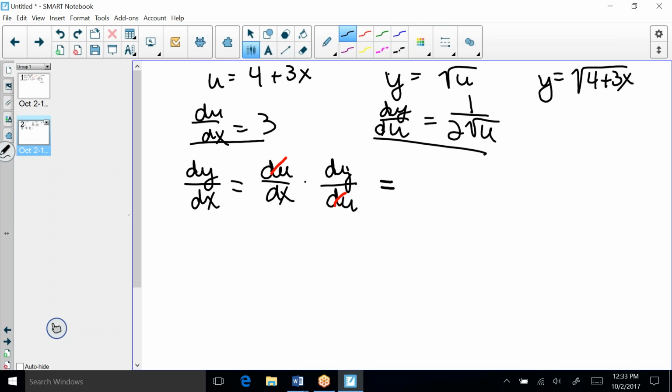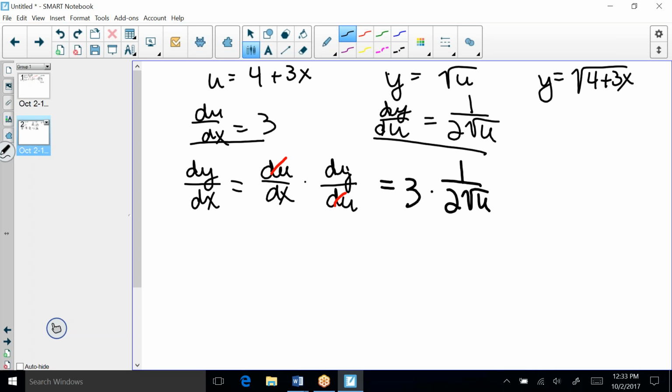du dx is 3. And dy du is 1 over 2 root u. So we're just multiplying the du dx by the dy du. But we can't leave that as our answer because that's in terms of u, and our answer has to be in terms of x.